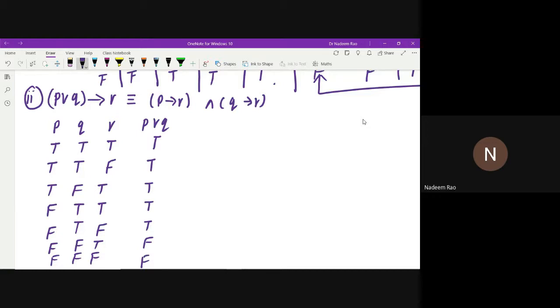Now, P or Q implies R, and P implies R and Q implies R. If we talk about the conditional, it's true, false, true, false, true, true, true.